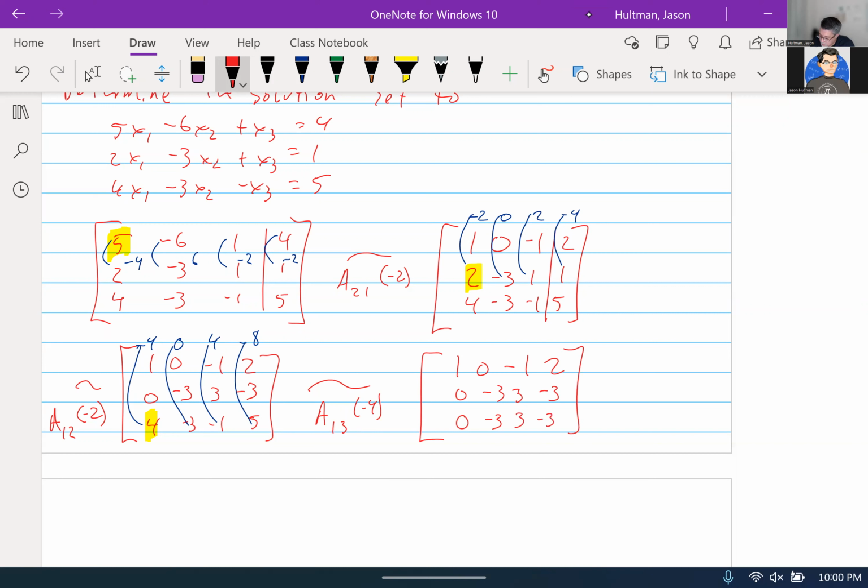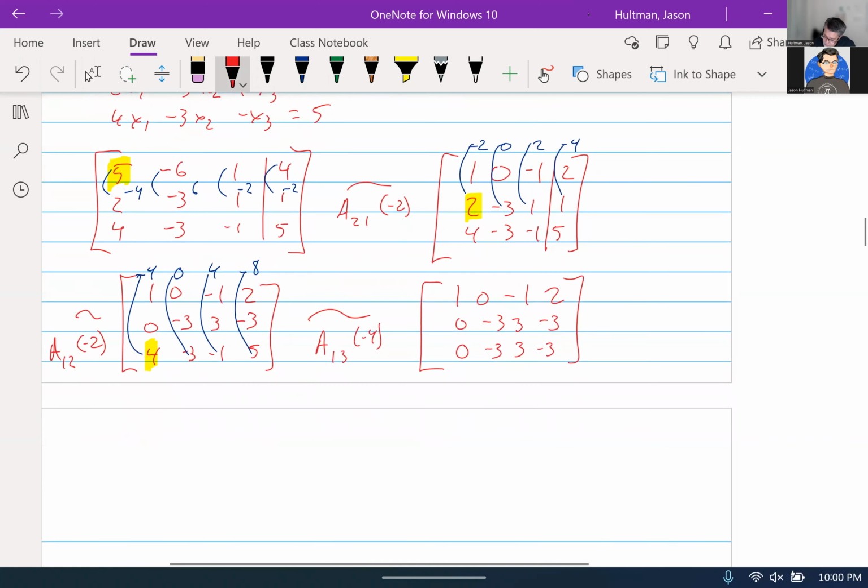And then notice that row 2 and row 3 are identical. So if I were just to add row 2 and 3, I'd end up with a row of zeros. So let's do that. Okay. So I'm going to multiply 1 by row 2 and add it to row 3.